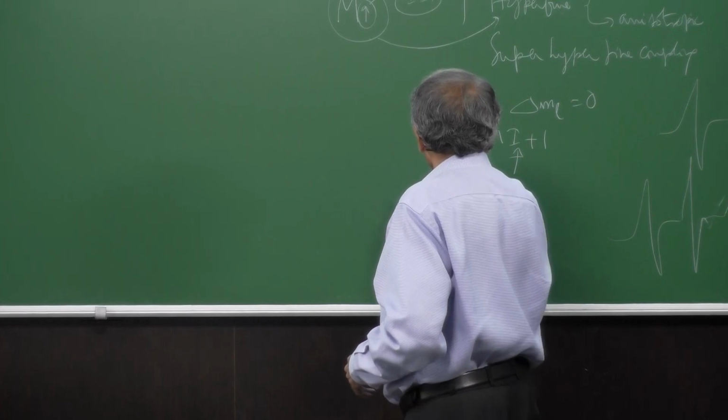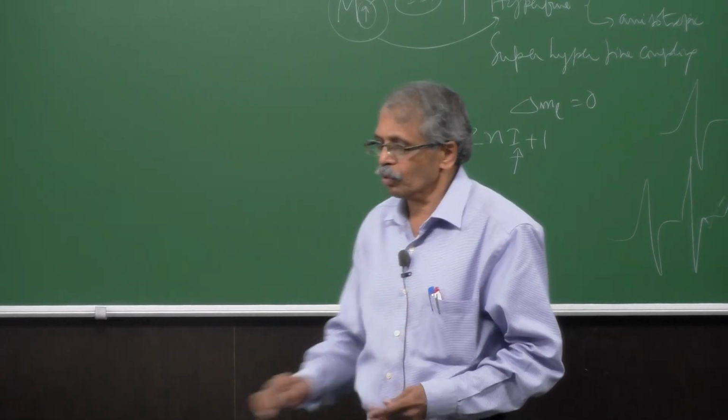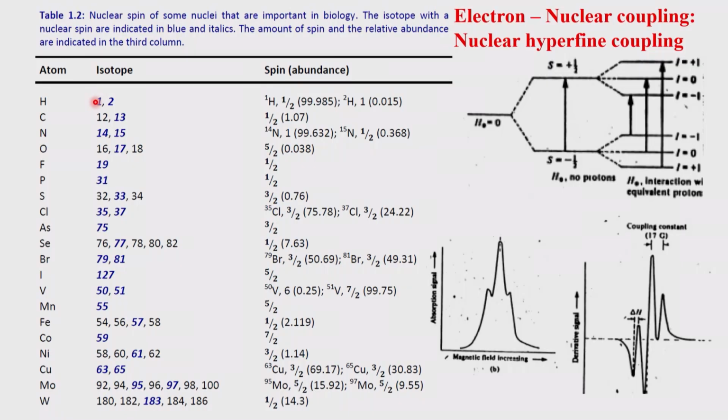Next you need to look at the abundance part of it. For example, hydrogen has both 1H and 2H. 1H has I equal to half, 2H has I equal to 1. So both are supposed to couple, but you see that the abundance of deuterium is 0.015, whereas the abundance of hydrogen is 99.985.